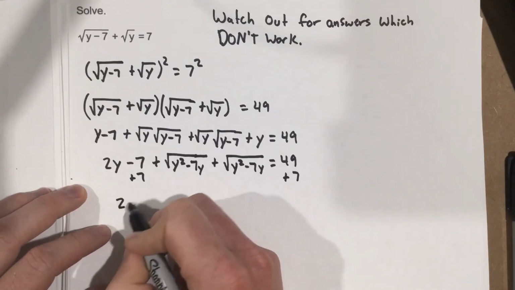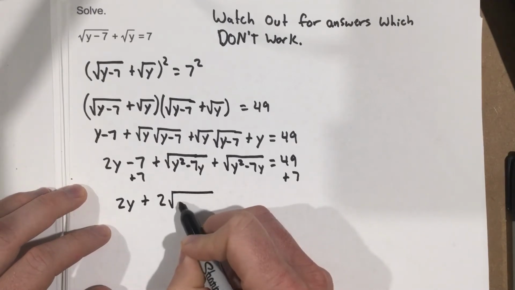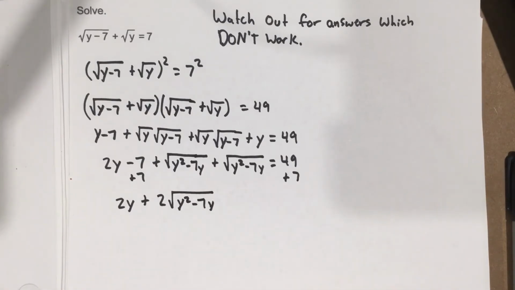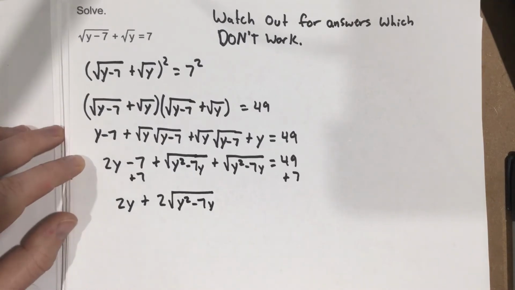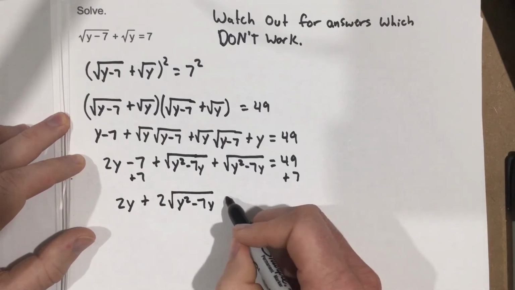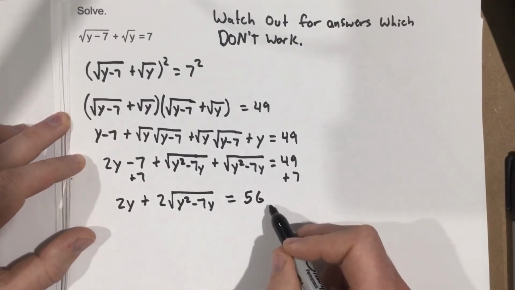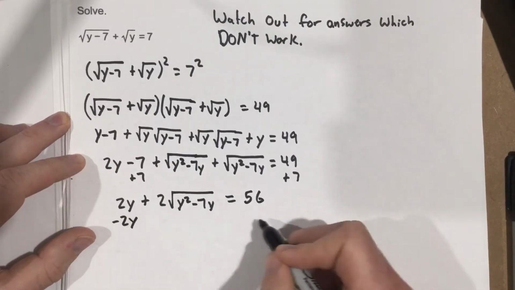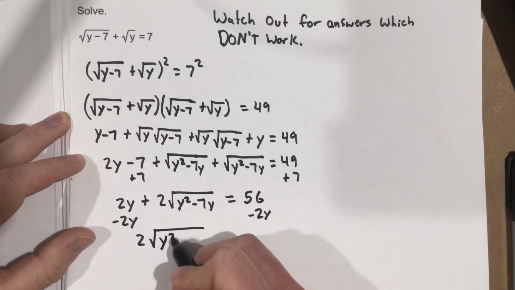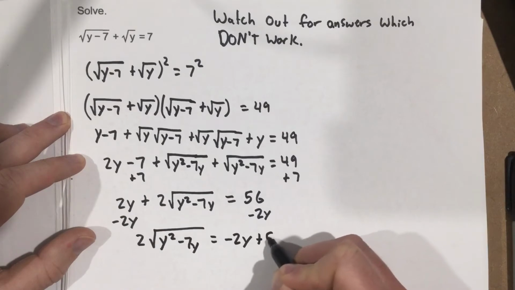So I end up with 2y plus 2 radical y squared minus 7y equals 56. And then I'm going to subtract 2y over, and I'll get 2 radical y squared minus 7y equals negative 2y plus 56.